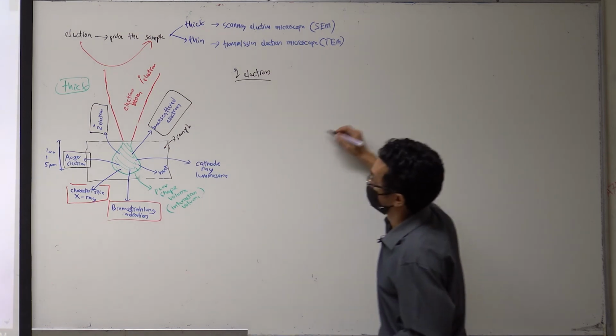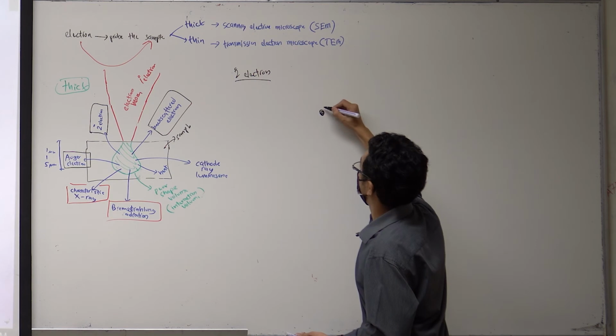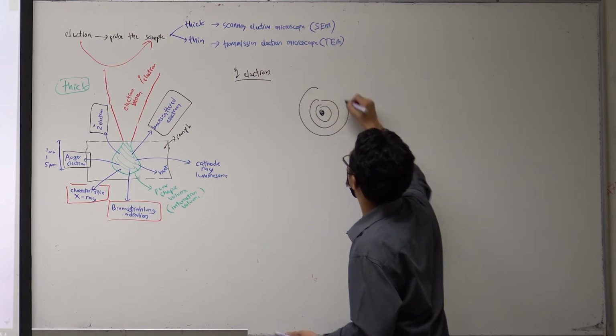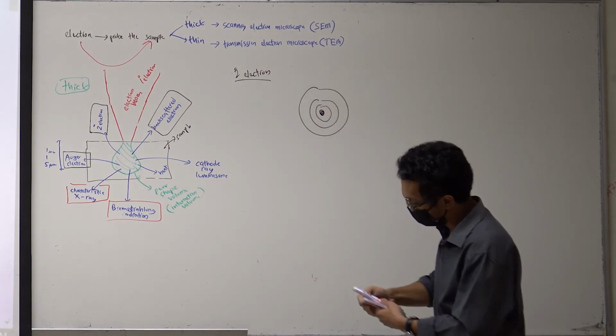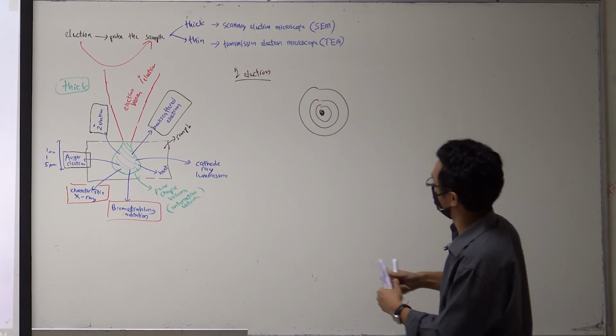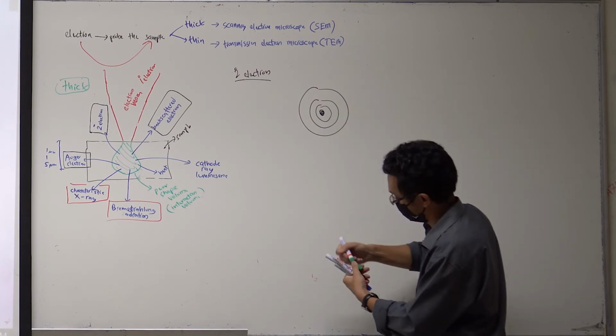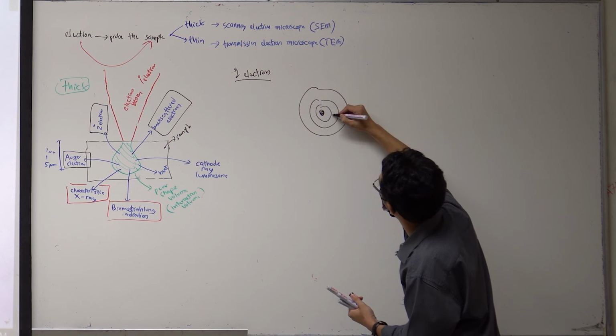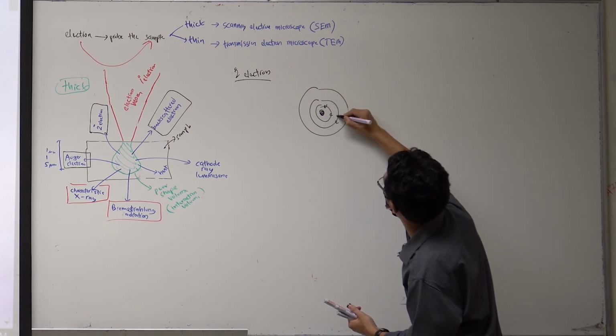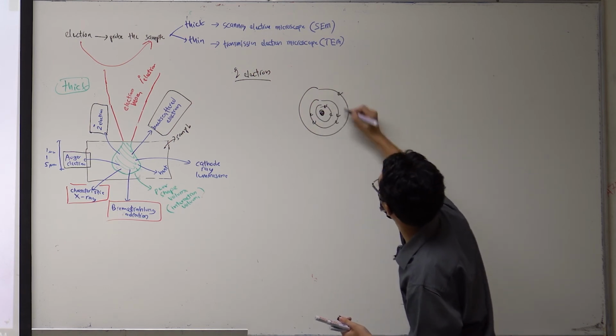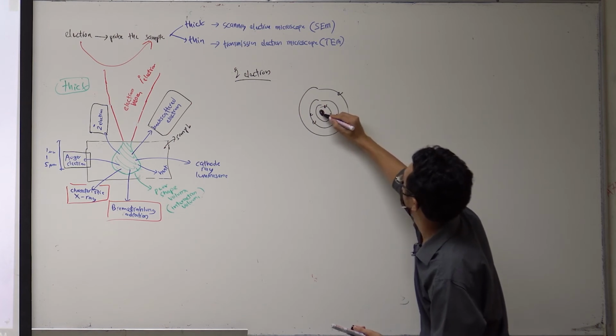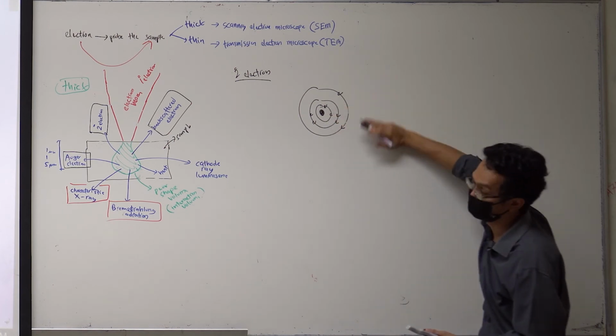What is secondary electron? Imagine this is the atom, this is the electron shell, and then you have the electrons here, let's say in black. So you have this nucleus, you have the electrons in the shells.